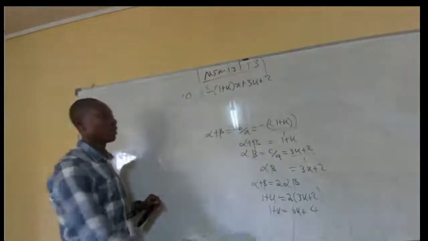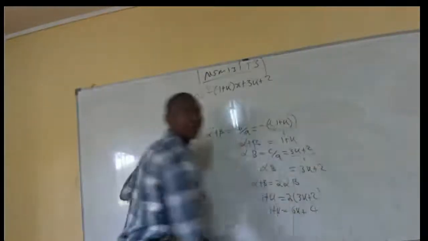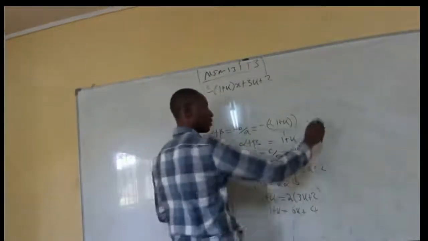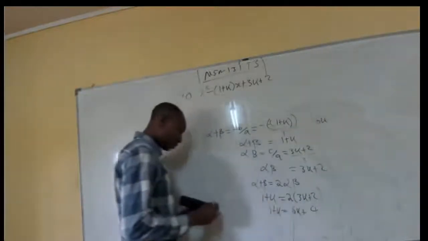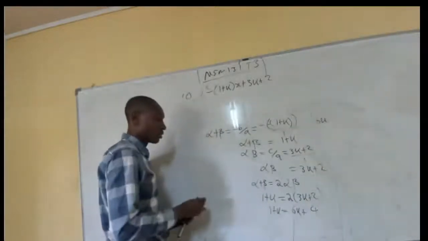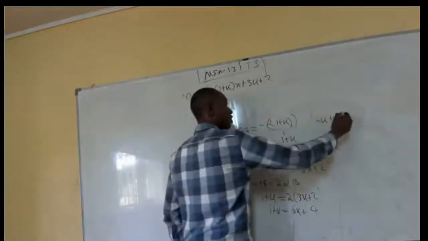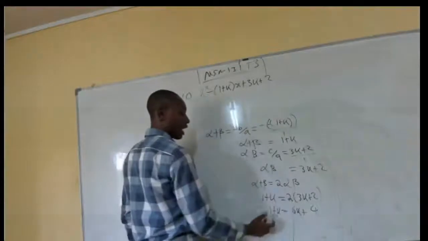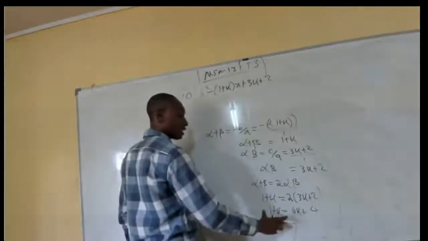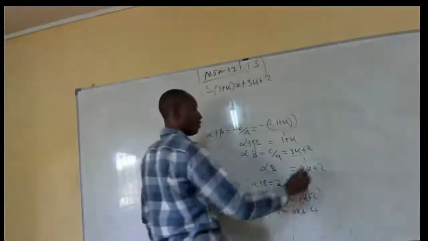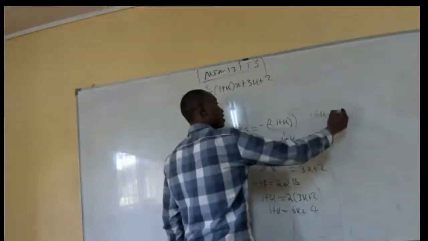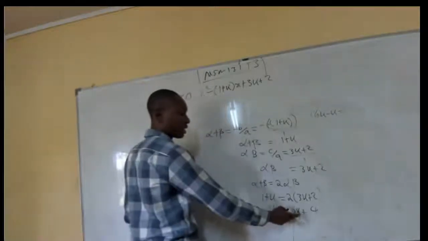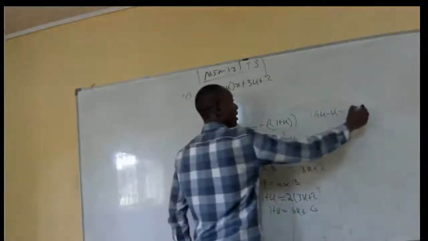So that is what we get there. Then from there, collecting like terms together, you have 6k minus k is equal to 1 minus 4.